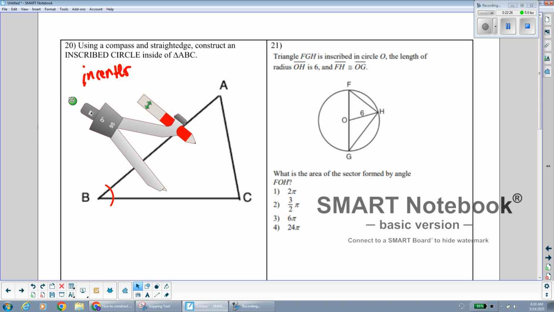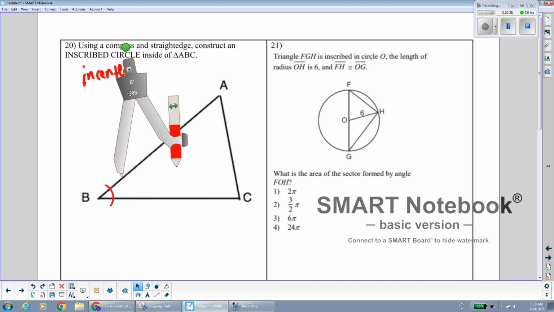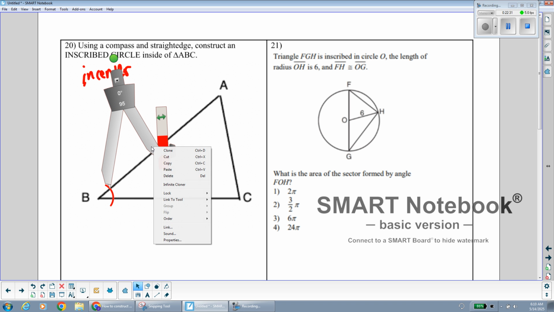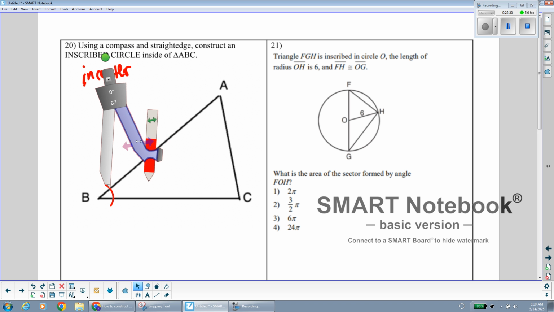It doesn't matter what distance you open up to for the next arcs. Just keep them the same.